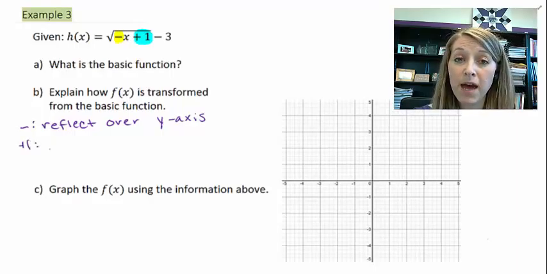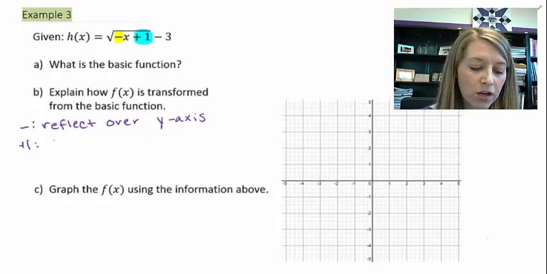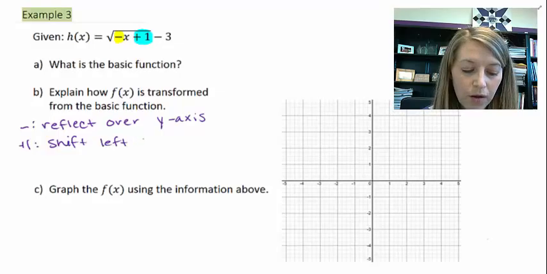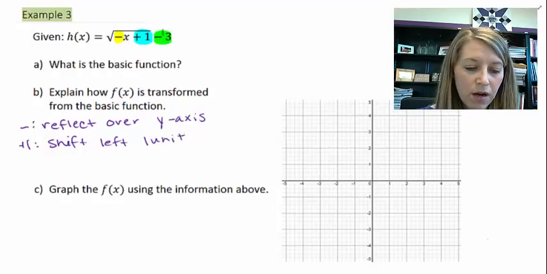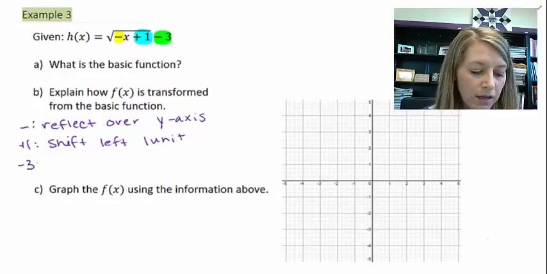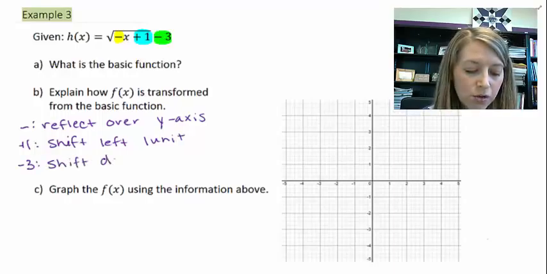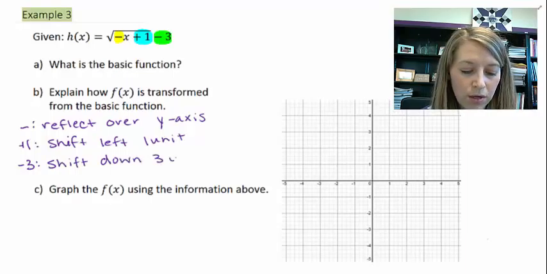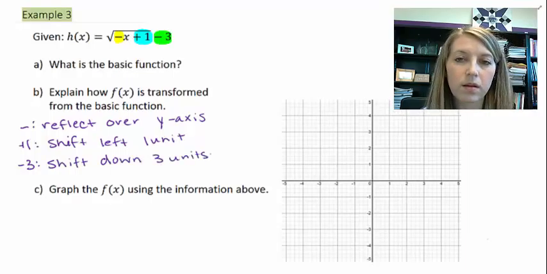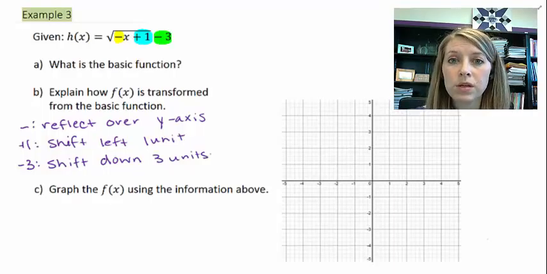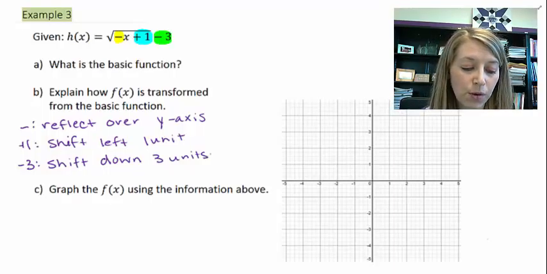And so if you think backwards, if it's a positive, I will actually shift it left 1 unit. And then this negative 3 on the outside is a vertical. It's subtraction, so it's a shift. So it's going to be shifting down 3 units. Well, 2 of these 3 things are correct, but the one that's incorrect is this one here.